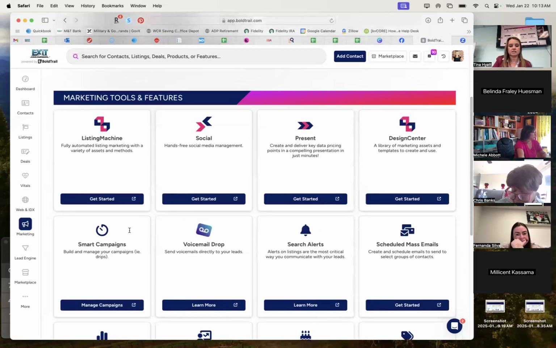You'll notice you've got Smart Campaigns, and you've got Listing Machine, Core Listing Machine, which for my former Exit agents is the old Exit Expert Listing Marketing Suite. It's very, very similar. It's not the same, but very similar. This is where you're going to find your boosted listing ads built for you, your property flyers, and your social media content. I'm going to show you that in particular. Core Social is your social media marketing, which I taught in a different class.